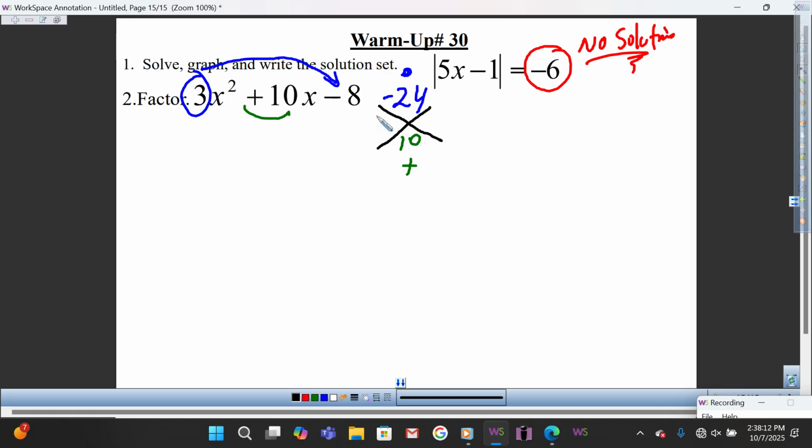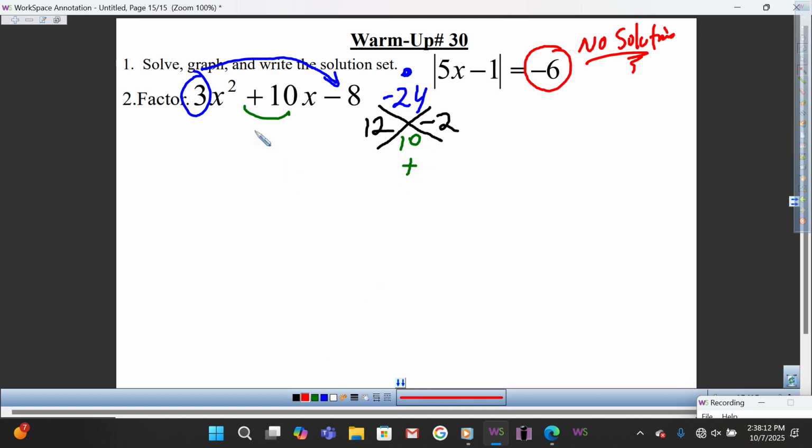If you do negative times a negative, this should be a positive, but it's a negative. No, check this out. How about 12 times -2? What is 12 times -2? -24. What is 12 plus -2? That's +10. Oh, I got this.